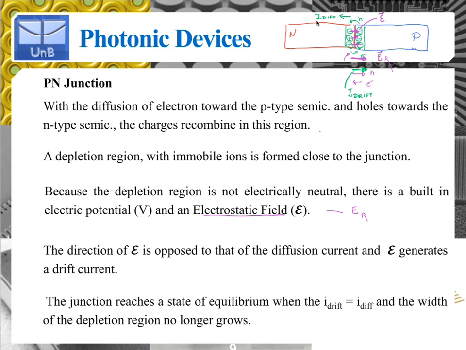But as the diffusion current reaches a point where it's equal to the drift current, the depletion region width, this width here, which we'll call W, will no longer grow. It will remain constant. So the junction has now reached equilibrium.